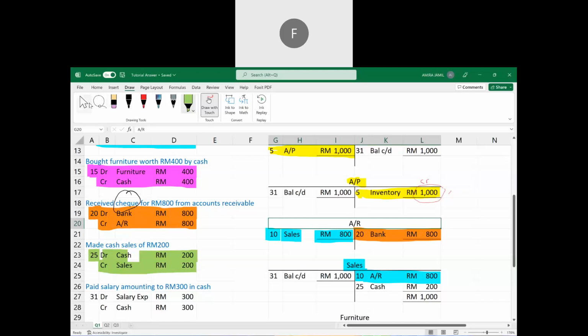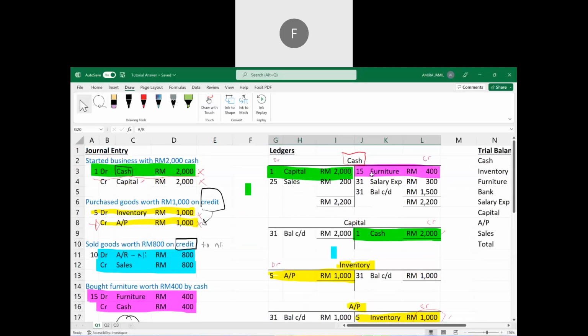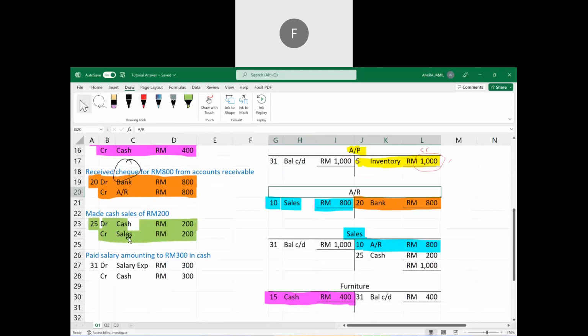So, di mana kita punya cash account? Cari balik. Here. Debit cash 200 di sini. And then kita kena credit sales 200.